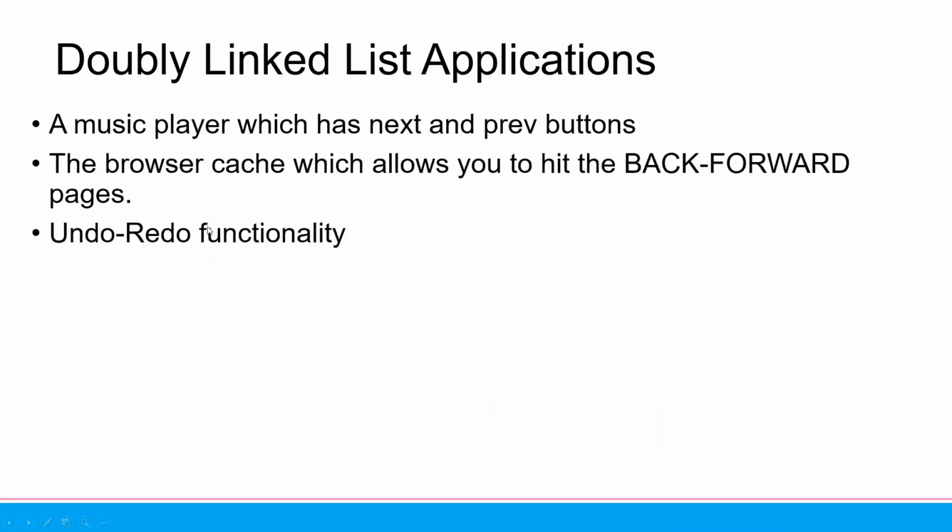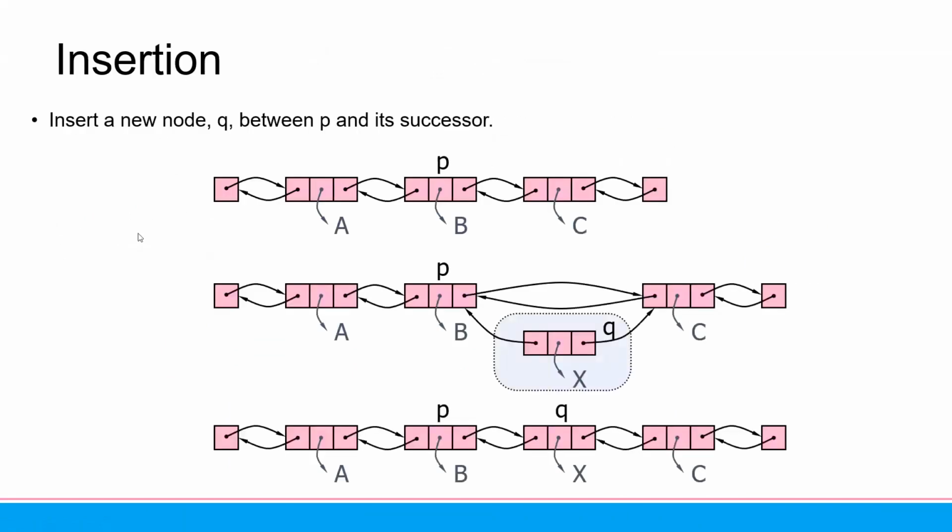And there is undo, redo functionality. After you undo, maybe you want to redo. So there should be a connection between those operations. Okay, the only difference from the singly linked list is the connection to the previous node.